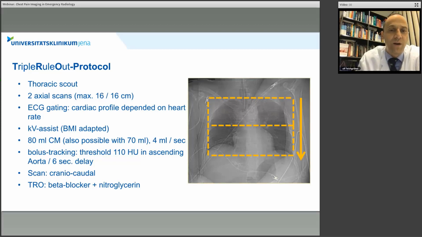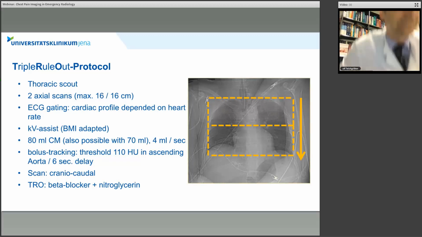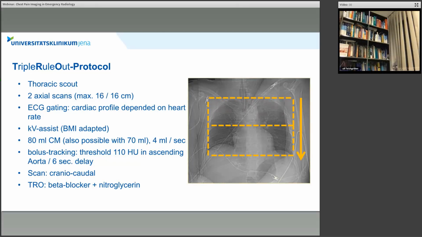We take the big block, 2 times 16 centimeters, as the actual scan. We scan not from toes up, but from head down. Sorry, I just have a helicopter coming here. I just close the window. Sorry about that.